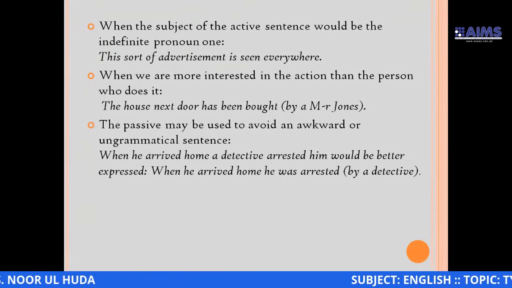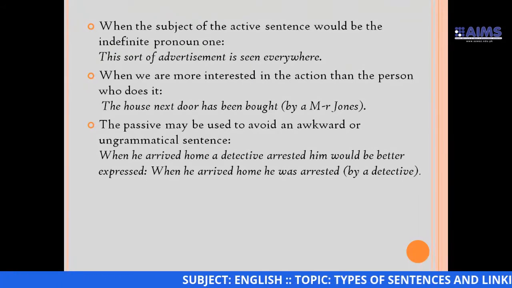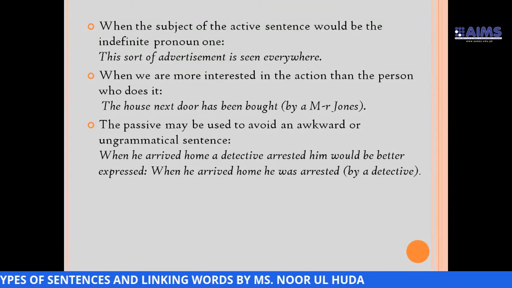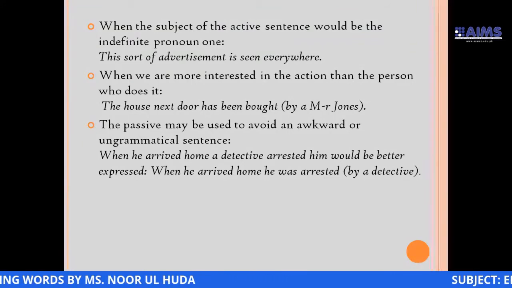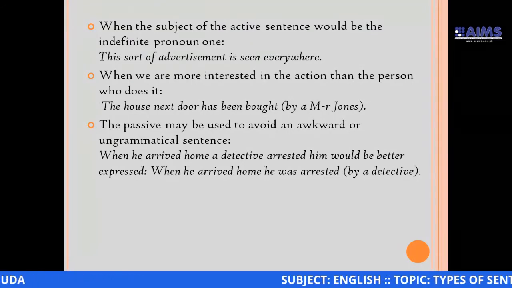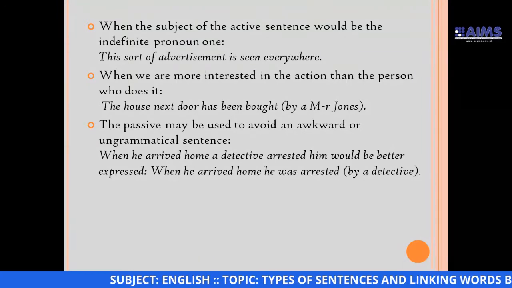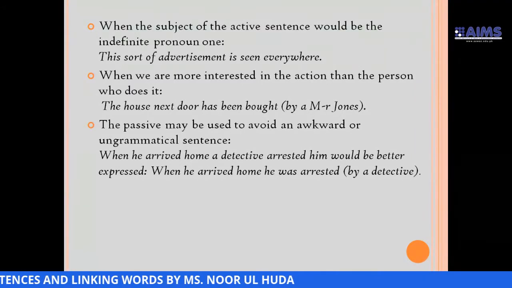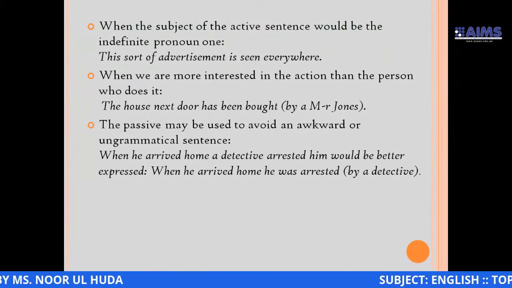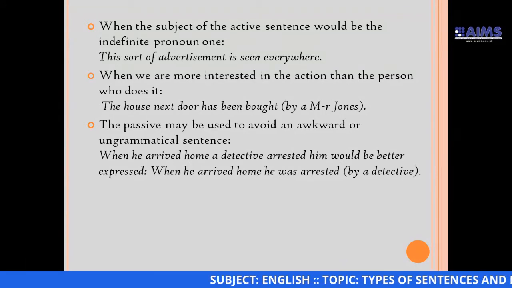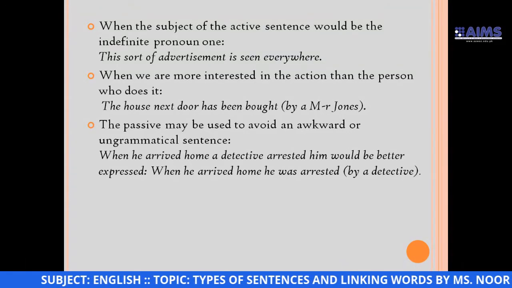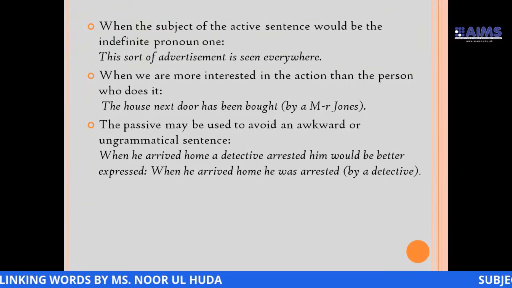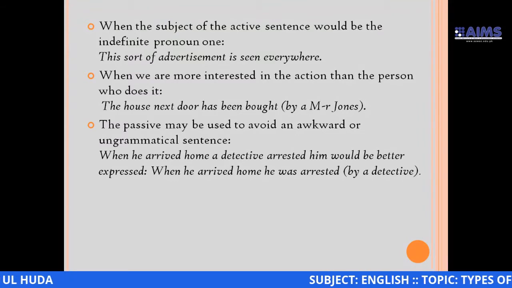We don't want to use a structure where one clause is passive and the other is active. There is no necessity to use "by a detective," because it would make the structure confusing or ungrammatical, and it could lead to grammatical errors.